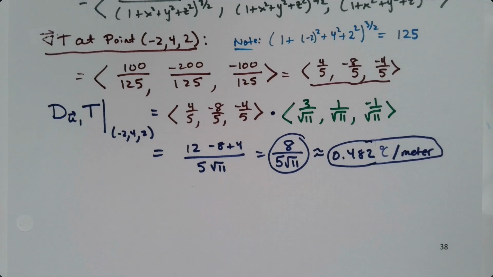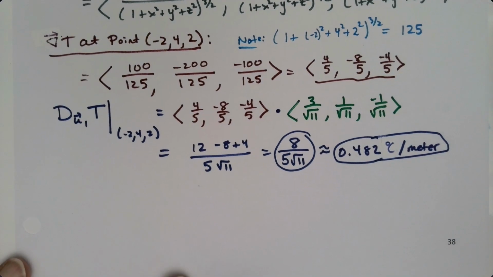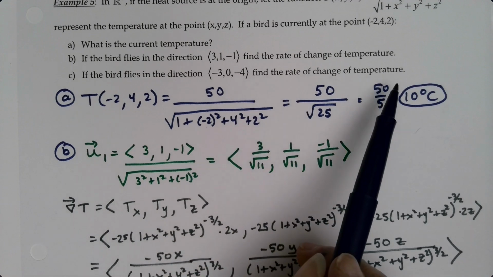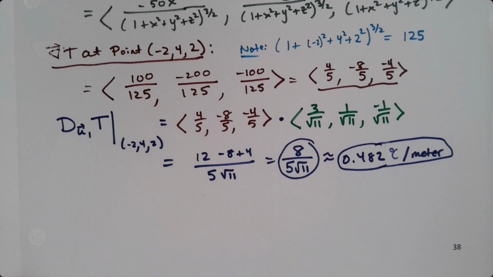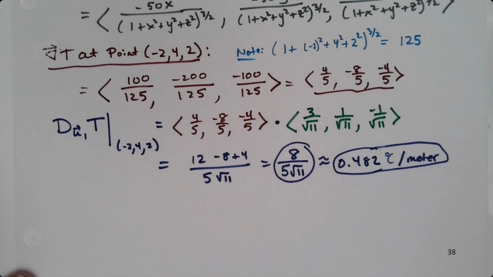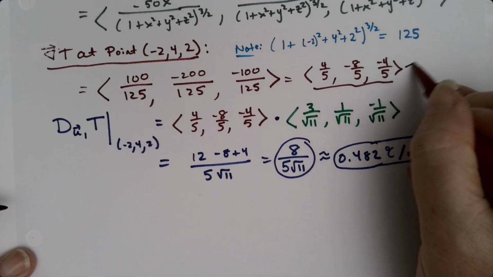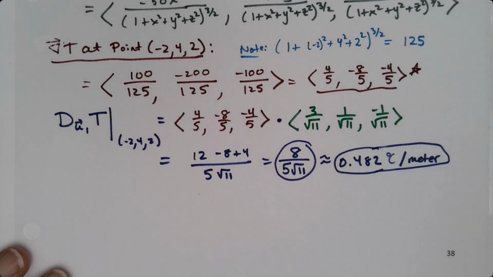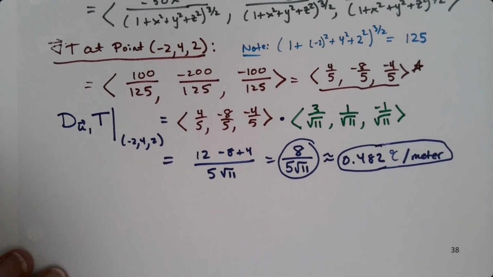All right, now what about C? If the bird flies in the direction (-3, 0, -4), find the rate of change of temperature. Okay, so it's pretty simple because we already did the hardest part. The gradient is the hardest part, this little bit right here is the trickiest bit. But we have it, and it's still the same for this portion. We just have to go a different direction now.